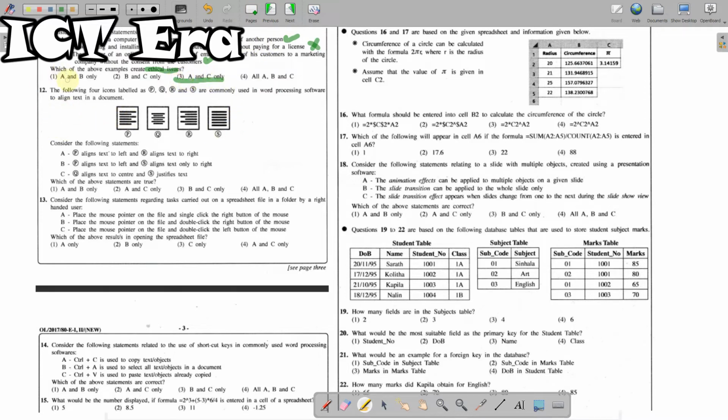Then the next one. The following four icons labeled as P, Q, R and S are commonly used in word processing software to align text. So this is left. This is center. Then this is what? Right.